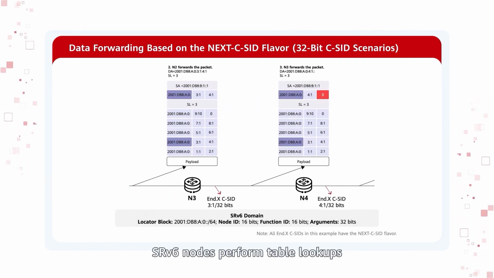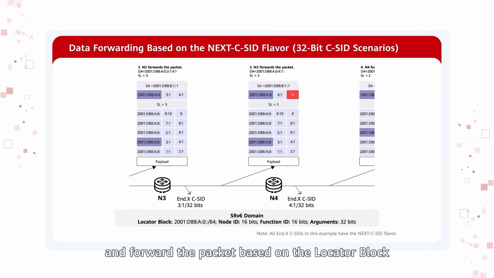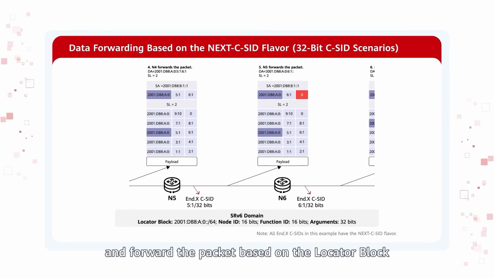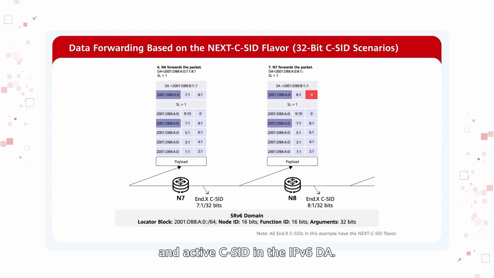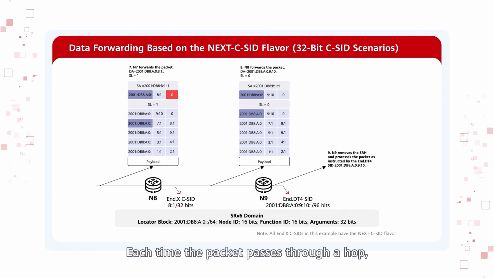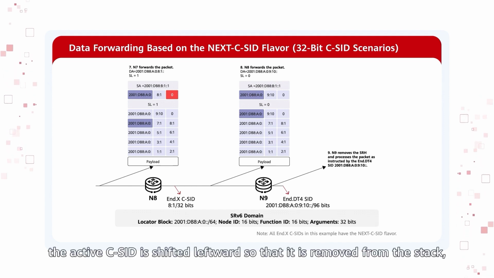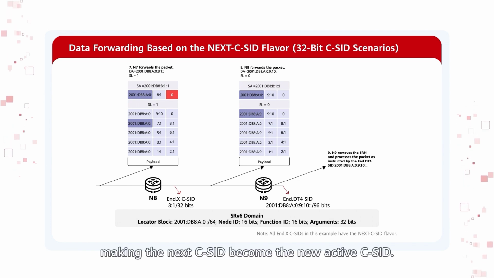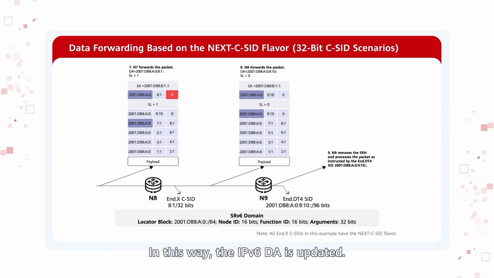SRv6 nodes perform table lookups and forward the packet based on the locator block and active C-SID in the IPv6 DA. Each time the packet passes through a hop, the active C-SID is shifted leftward so that it is removed from the stack, making the next C-SID become the new active C-SID. In this way, the IPv6 DA is updated.